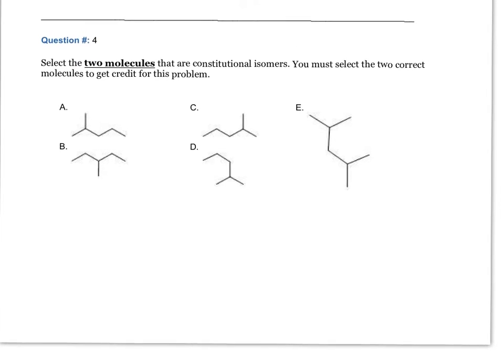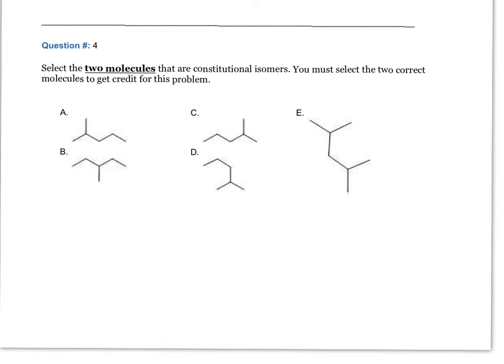Question number 4. Select the 2 molecules that are constitutional isomers. You must select the 2 correct molecules to get credit for the problem. So if you get one of them, that doesn't matter. You've got to get both.